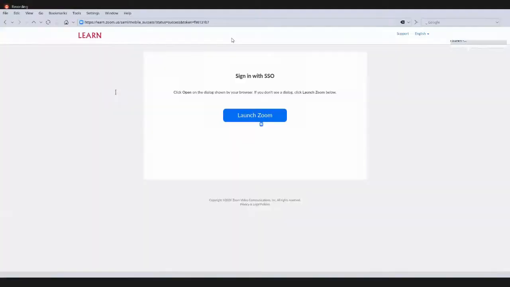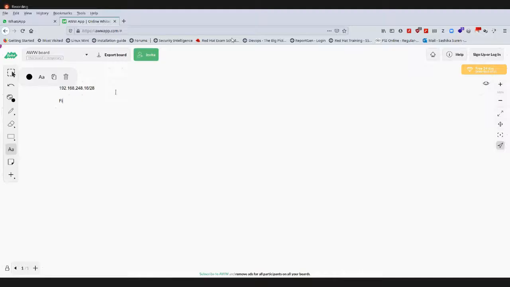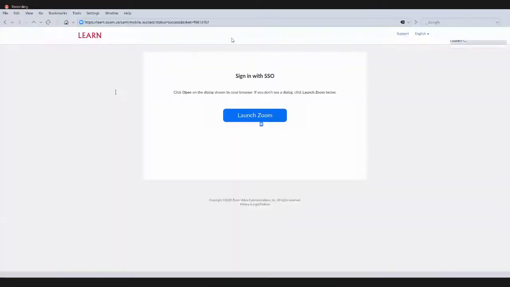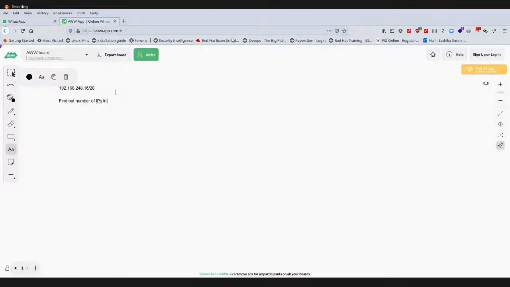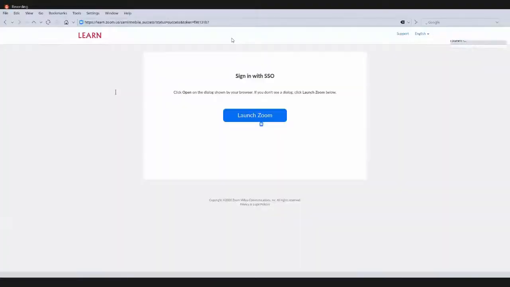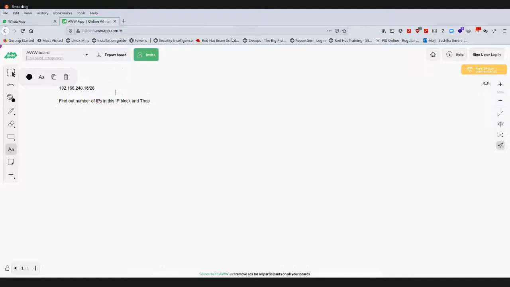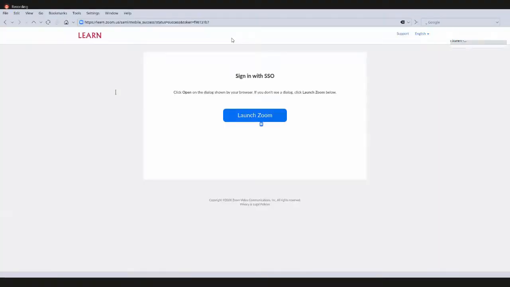You need to just find out the number of IPs in this IP block, and then what are those IPs? Number of IPs in this IP block, and what are those IPs?